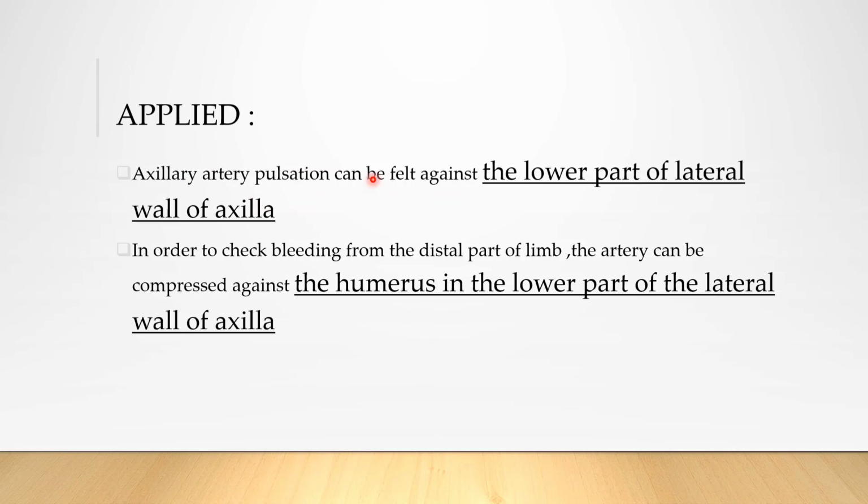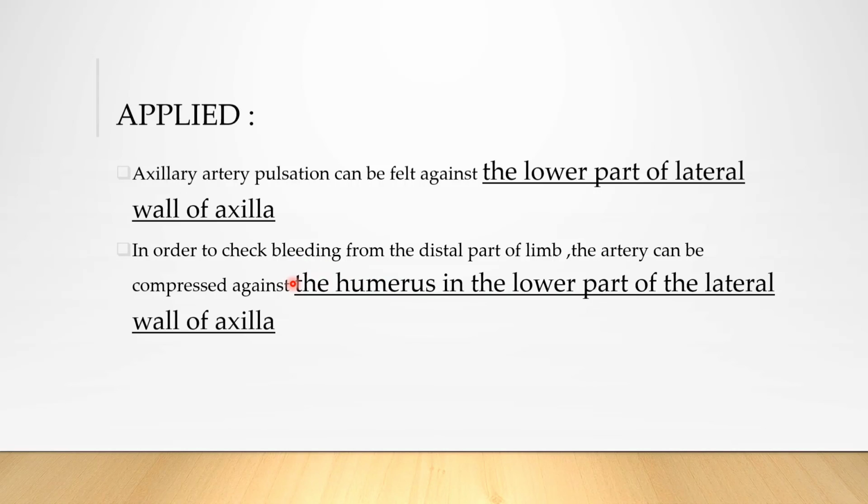Axillary artery pulsation can be felt against the lower part of the lateral wall of the axilla. Mostly these are not pulsated, but we can feel this artery in the lateral wall of the axilla because it is most close to it.